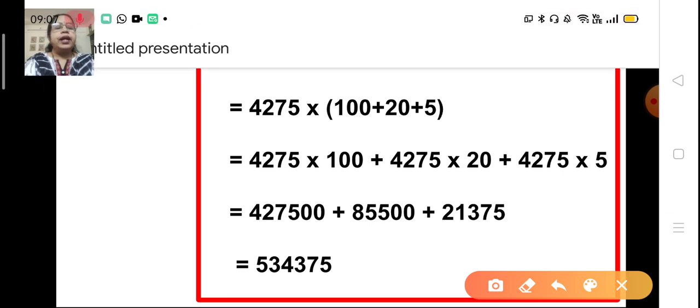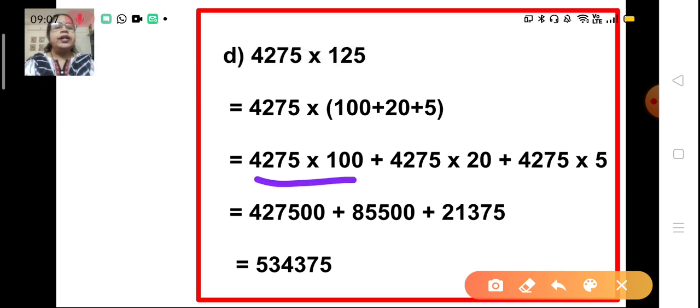So, it becomes 4,275 multiplied by 100 plus 4,275 multiplied by 20 plus 4,275 multiplied by 5.